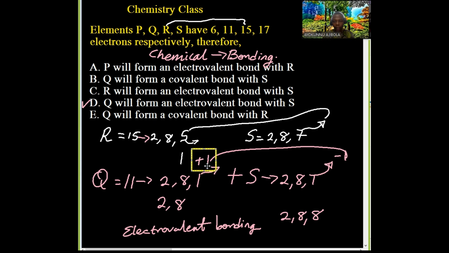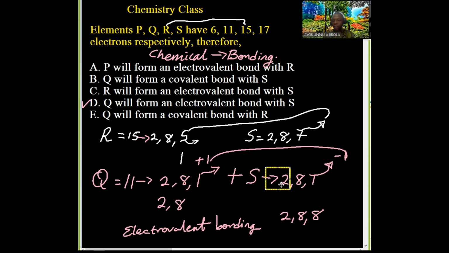Okay, sir. So this S, though this is not the name of their elements, they are just representing them with alphabets. S is 2,8,7, which is 17, which means it has a valency of 7, and it is requiring 1. That is an anion. Good.